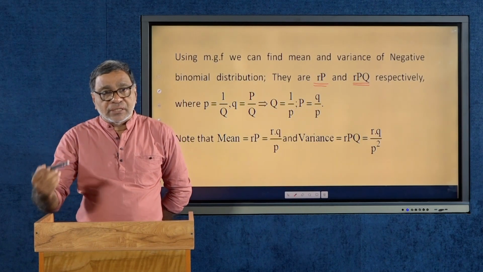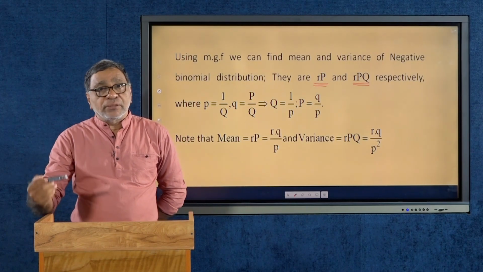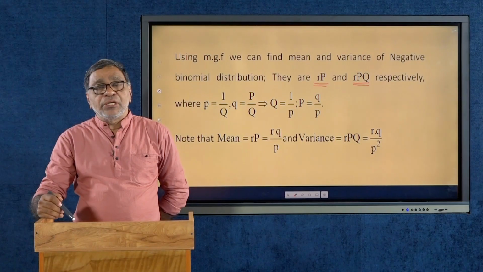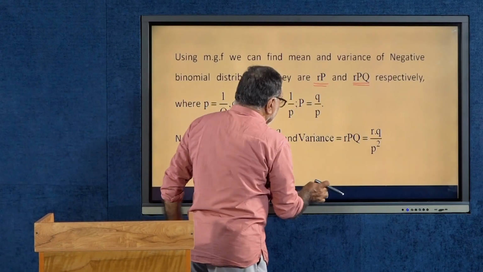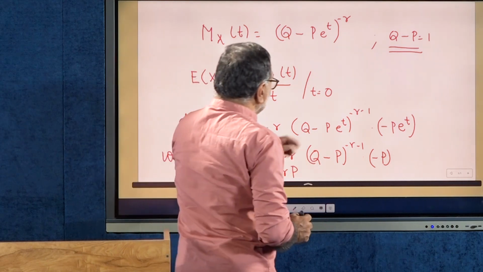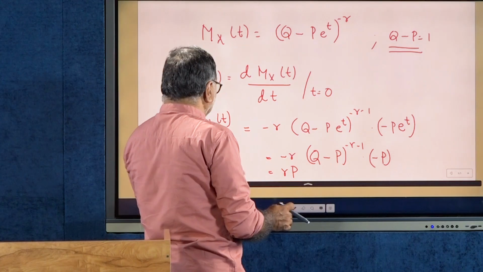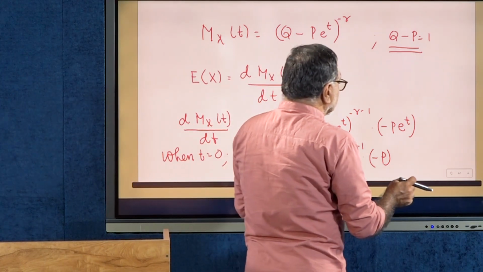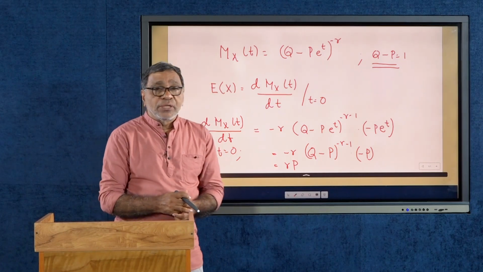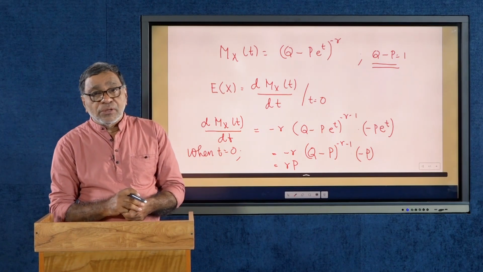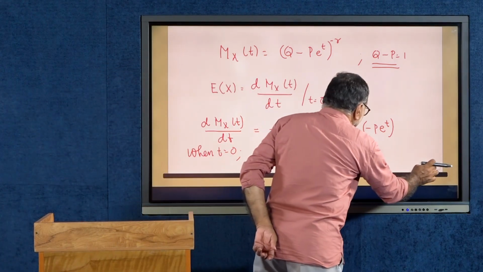On the basis of the second arbitrary moment, you can find the variance by substituting in the formula of the variance. After getting this first derivative, you find the second derivative of this one, and then that is our expectation of x square. You substitute that expectation of x square in the variance formula, you will get the variance that is equal to rPQ.